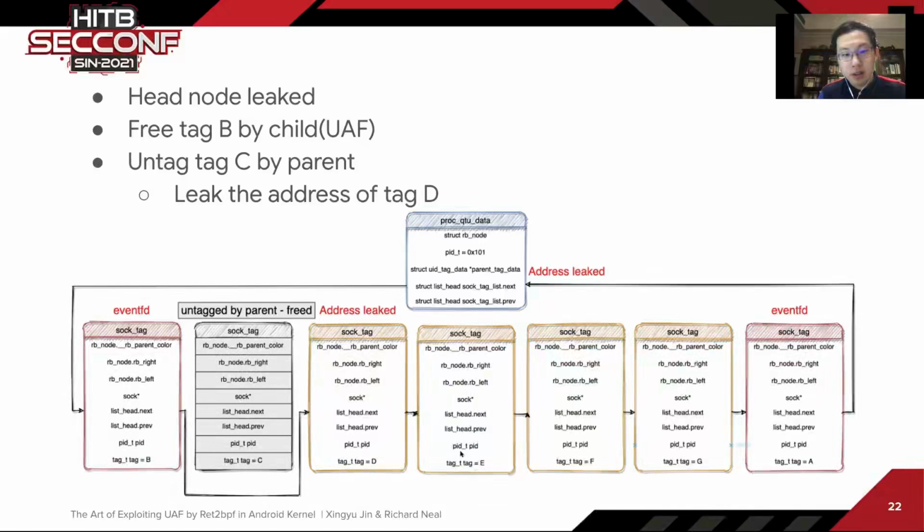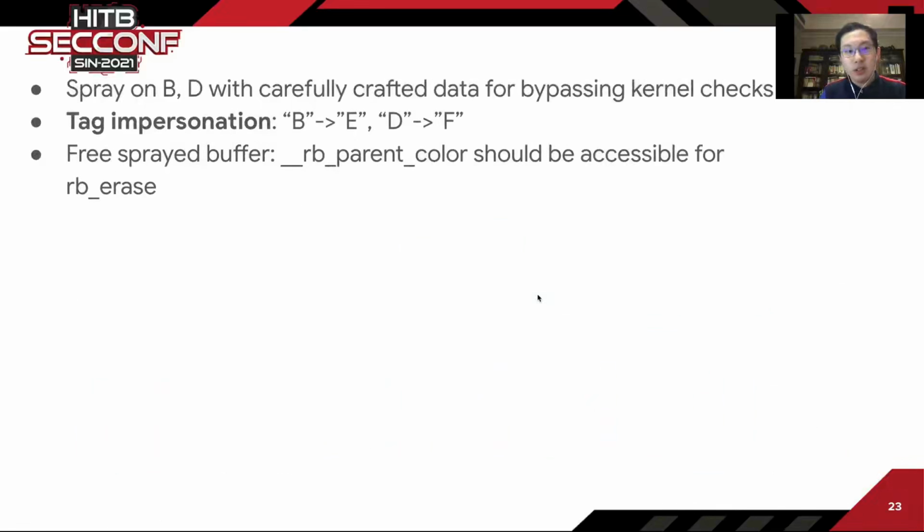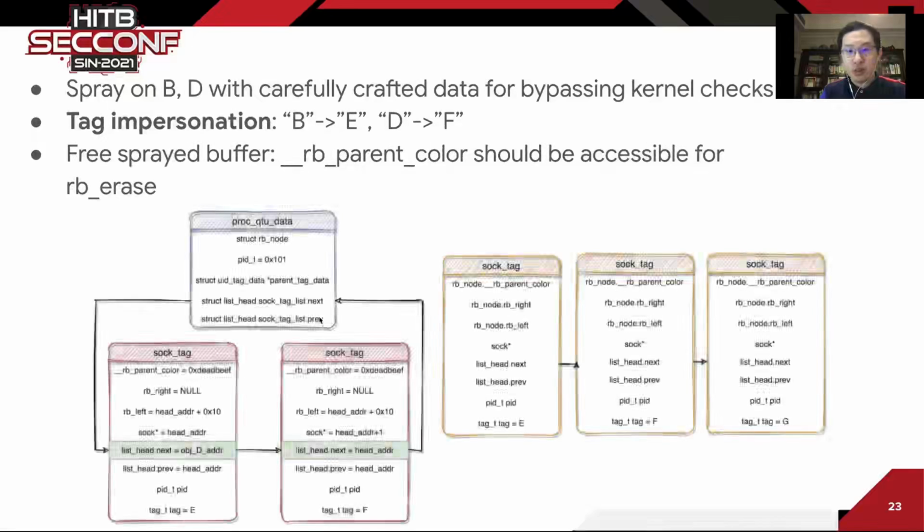So the key point here is that we have a socket tag address and a list head address. Cool. So in order to bypass the security check, we now spray the first two objects and impersonate the tags. The original tags are B and D, and now they become E and F. We also unlink E, F, and G from the protected data to make sure the tag ref and the reference count remain valid.